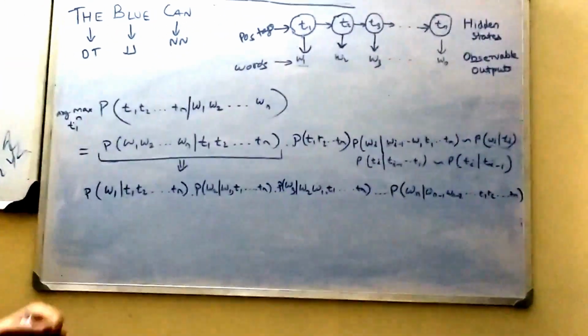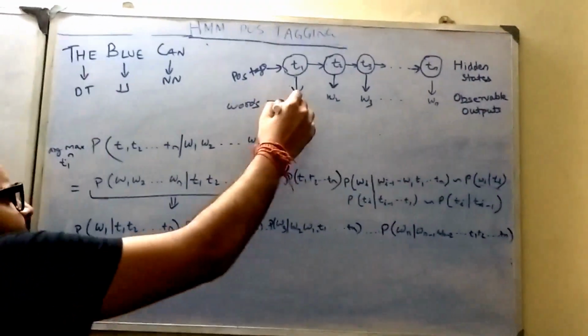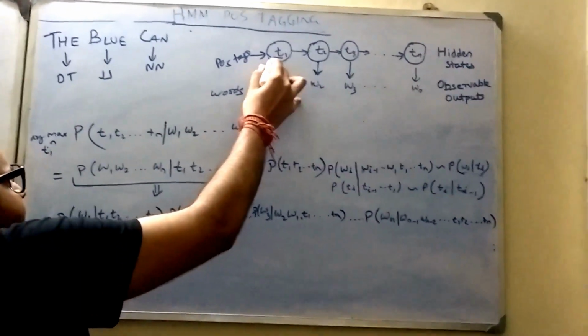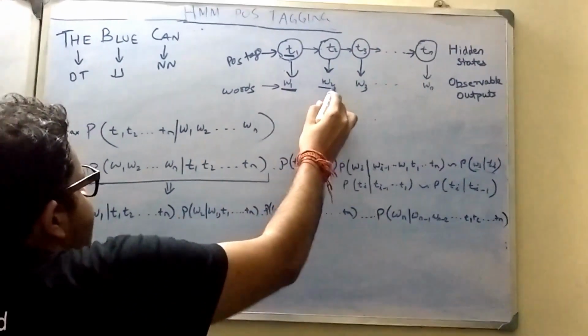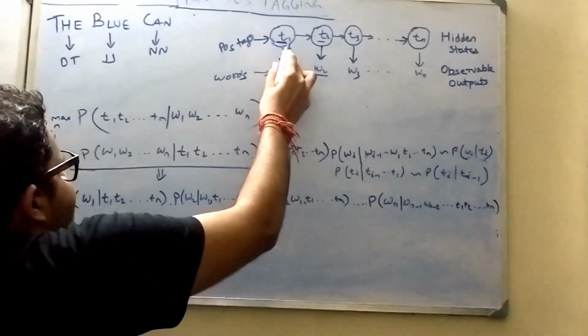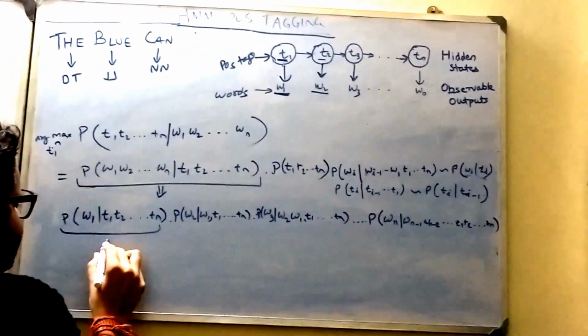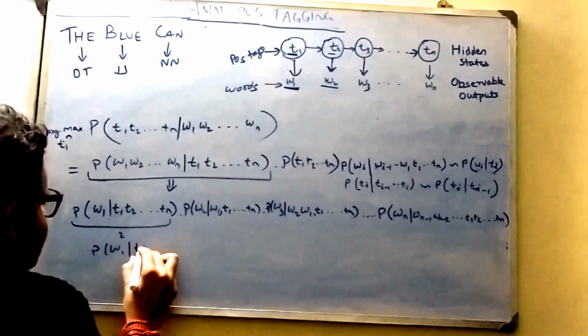Now, since we assume it to be a hidden Markov model, the probability of a word that is being emitted solely depends on the tag that it is associated with. Over here, w2 solely depends on t2 and it doesn't depend on t1 or w1. So we can approximate this as probability of w1 given t1.